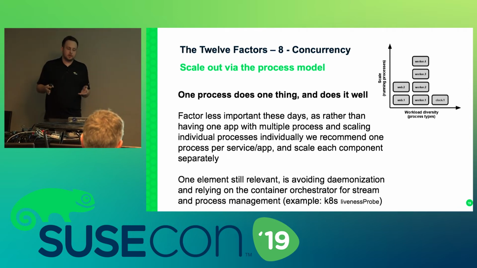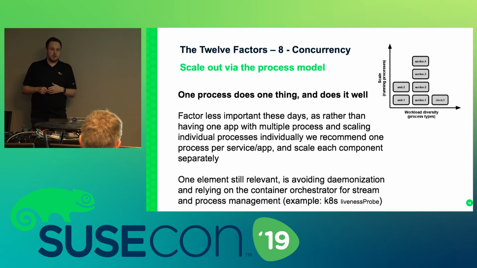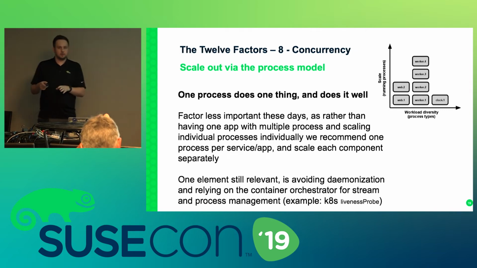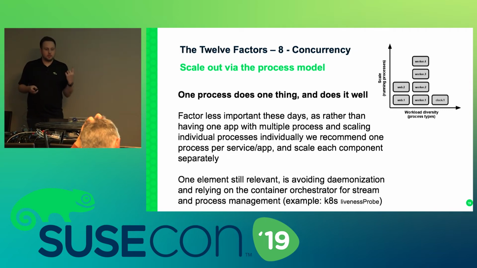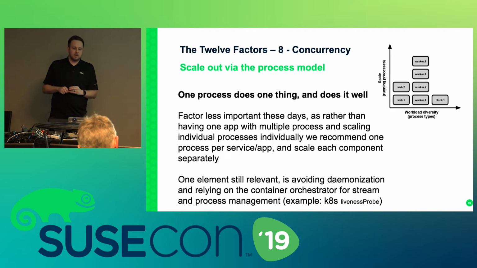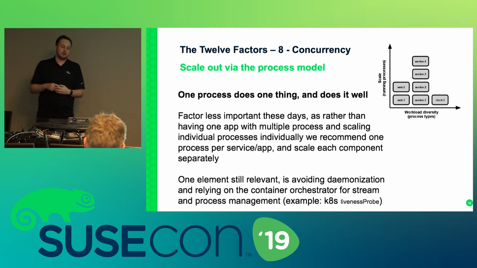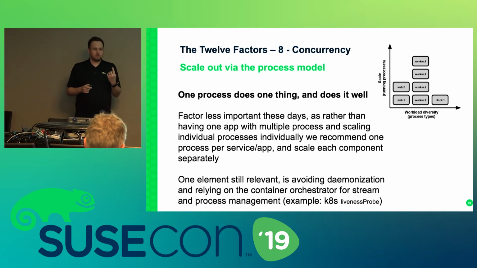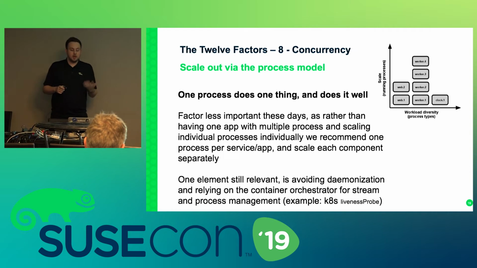When the twelve factors were created, it was still quite common to have multiple processes for each individual service. But with the rise of containers, quite often there's just one process running it. This is how you can break down applications. It should be one function that does one specific job, and it should be the best that it can be at doing that job.